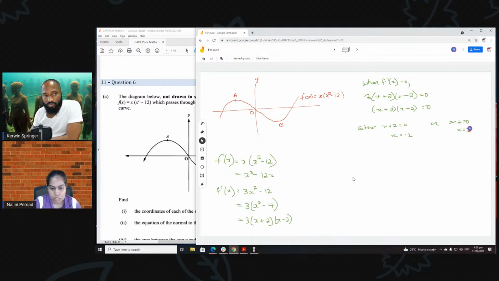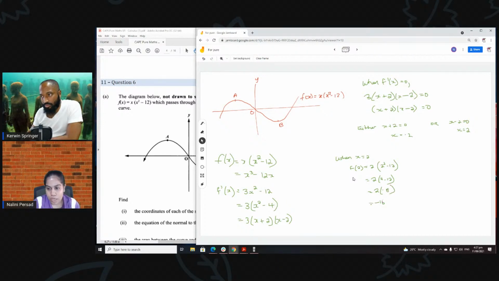So we now need to find the y coordinate that corresponds to the x coordinate. So when x is equal to 2, f of 2 would be substituting 2 into here. So it's 2 times 2 squared minus 12, which will give 2 times 4 minus 12, which is 2 times negative 8, which is negative 16.